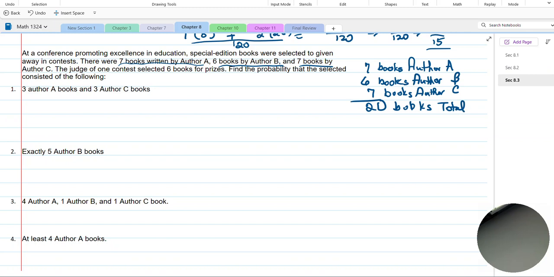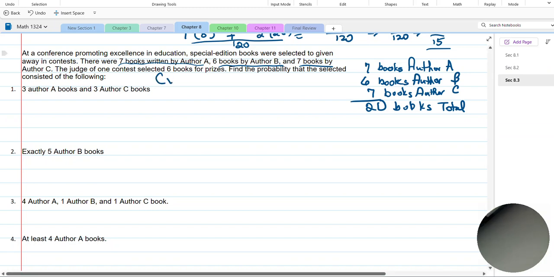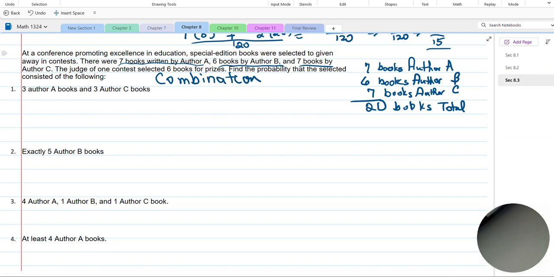The judge of one contest selected 6 for prizes. Find the probability that the selected consisted of the following. Remember, order not important, so it's a combination. 3 author A books and 3 author C books. All right. So we want the probability of 3 A authors and 3 C authors.